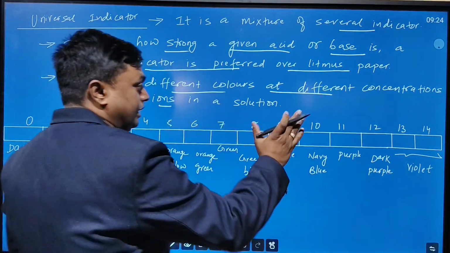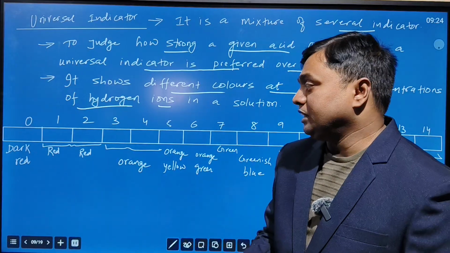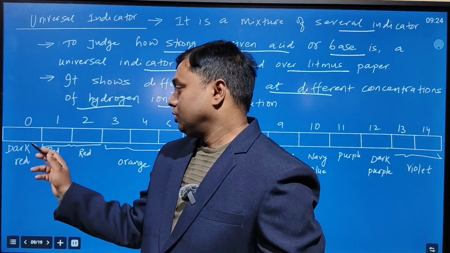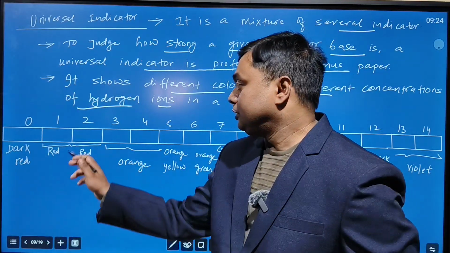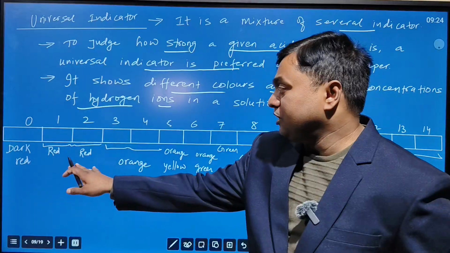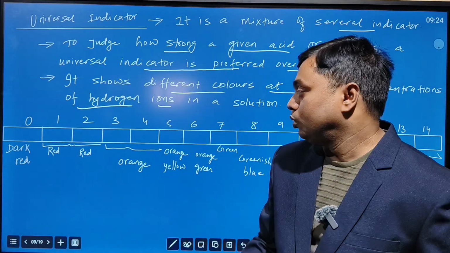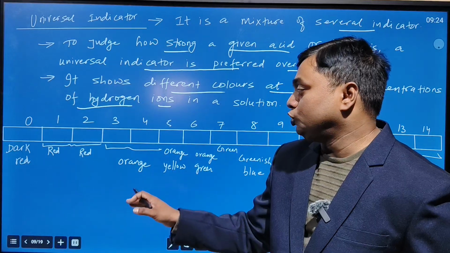So 0 to 14 is the pH scale. If the universal indicator is showing a dark red, it means the pH is 0. Similarly, if it is showing red color, the pH may be 1 to 2. If it is showing orange color, 3 and 4 is the pH value of the solution.